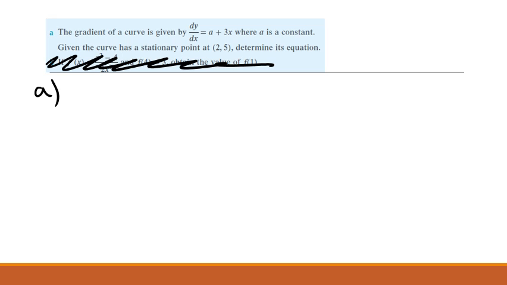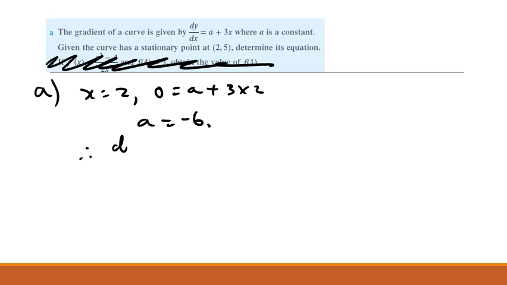So that means 0, we can sub x equals to 2 into the derivative. So we get 0 equals to a plus 3 times 2. So a is negative 6. So then the y dx is negative 6 plus 3x. Then we integrate that.